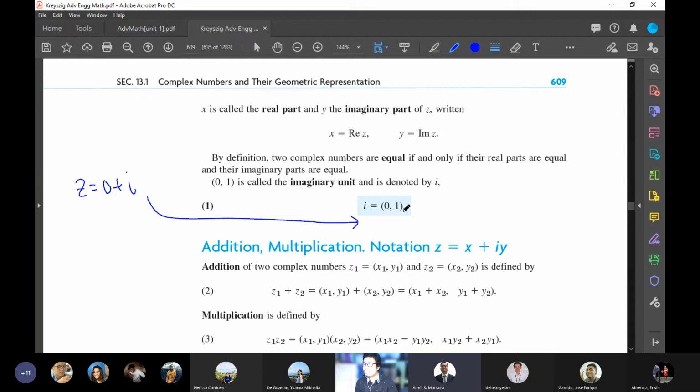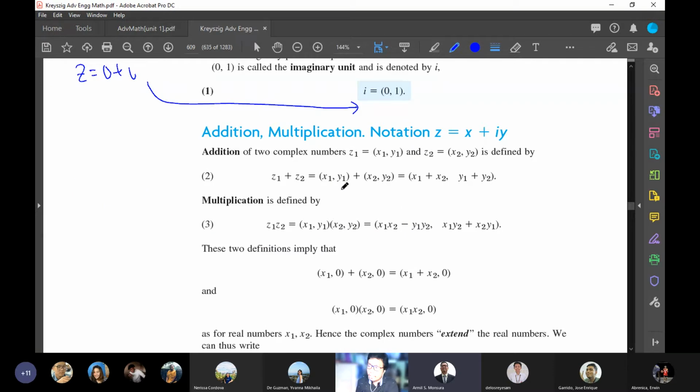So, in terms of ordered pair, when you add two complex numbers, you simply have to add the first numbers and the second numbers in order to form the sum. So again, the sum is basically an ordered pair also.